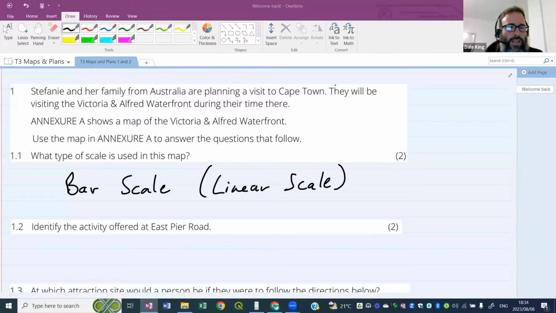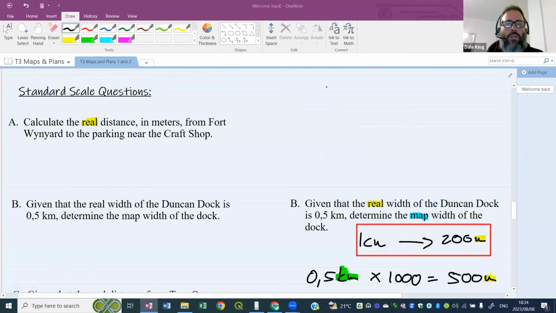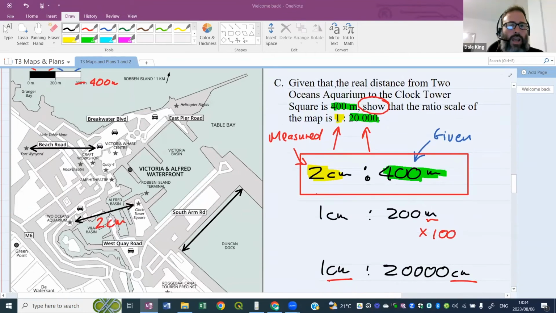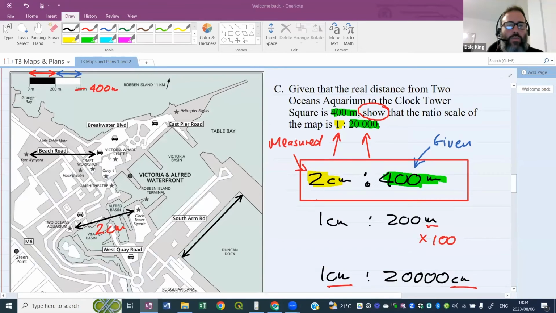Now it says 1.2, identify the activity offered at East Pier Road. I'm going to go up to the map. You guys can type in chat there. What is the activity at East Pier Road? One of you guys can see it.